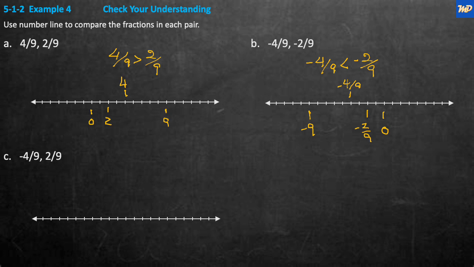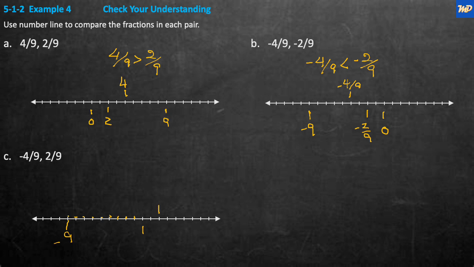Well, it doesn't matter where I put the 0. I'm going to put the 0 here, and I'm going to go 1, 2, 3, 4, 5, 6, 7, 8, 9. So here's our 9 negative, and 1, 2, 3, 4, 5, 6, 7, 8. Well, 9's out here. It doesn't really matter. 1, 2, and it wants 2 now. So 1, 2.